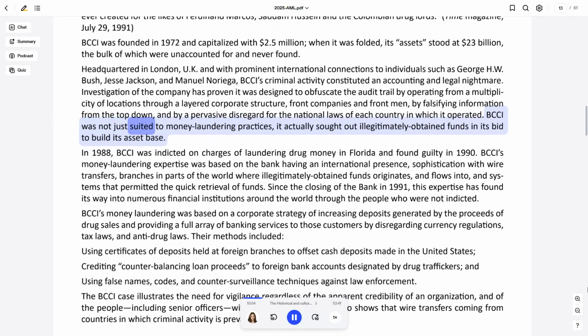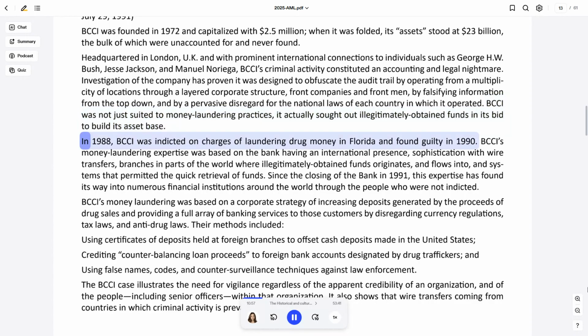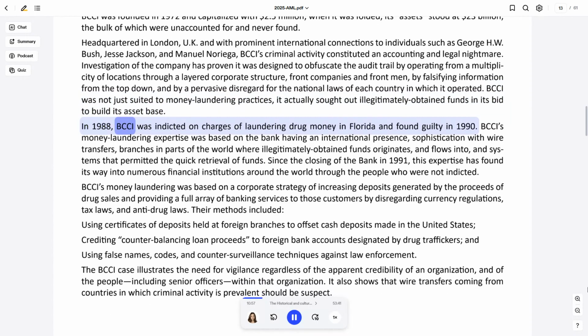BCCI was not just suited to money laundering practices, it actually sought out illegitimately obtained funds in its bid to build its asset base. In 1988, BCCI was indicted on charges of laundering drug money in Florida, and found guilty in 1990.